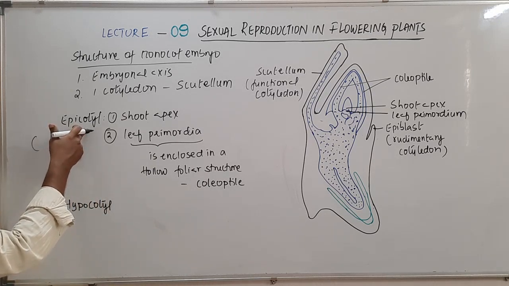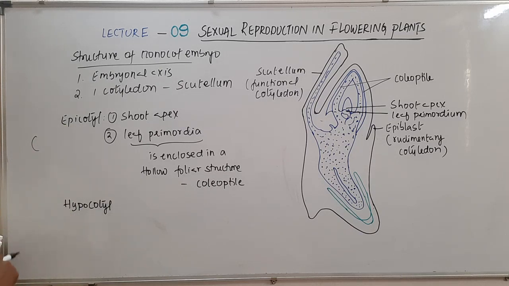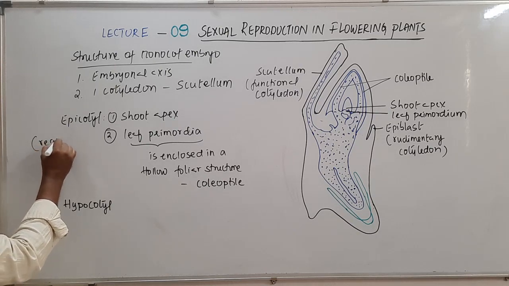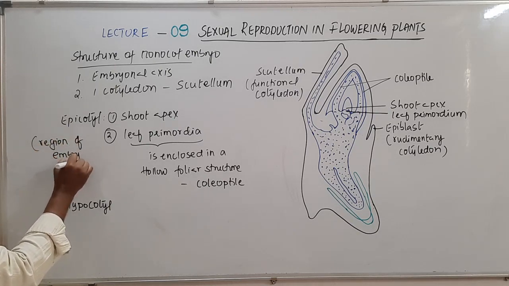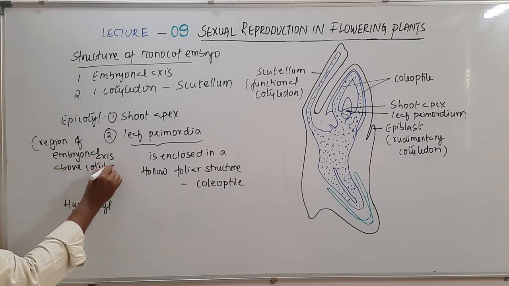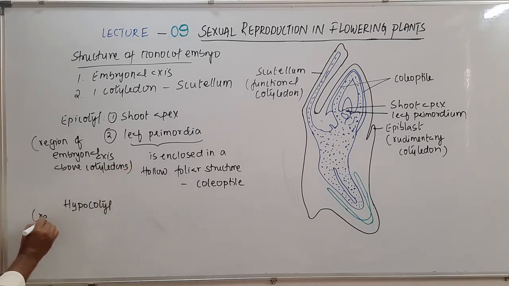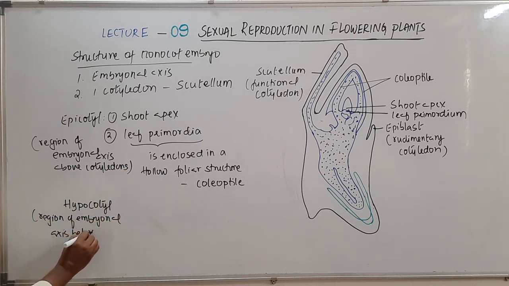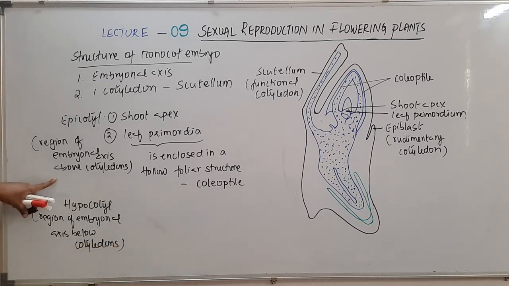So this is the region of the embryonal axis above the cotyledons, and this is the region of the embryonal axis below the cotyledons.